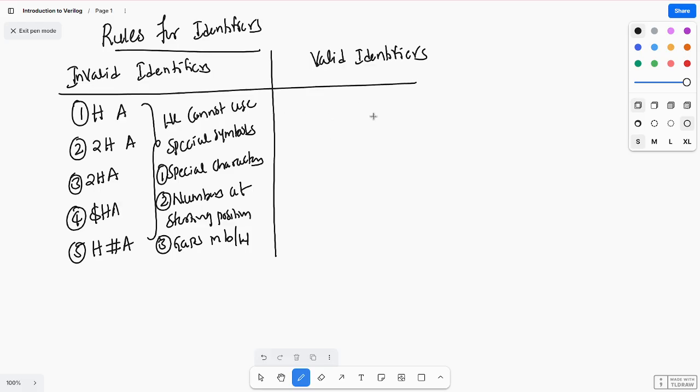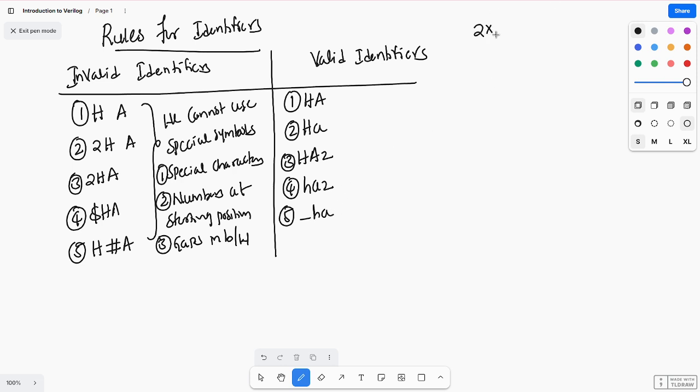And what are the valid identifiers? You have HA, and the compiler will also take a small h a, and next HA2. After this you can give the number. And underscore HA it will take. Suppose there is a 2 cross 1 mux.